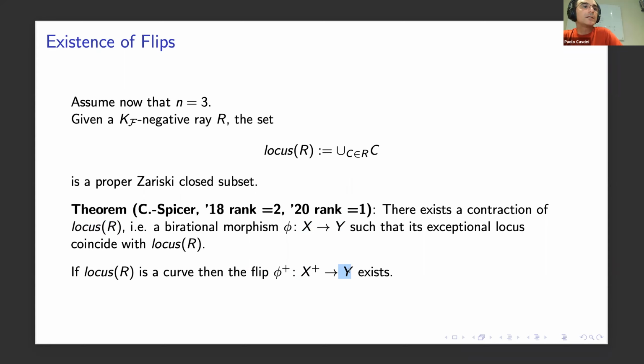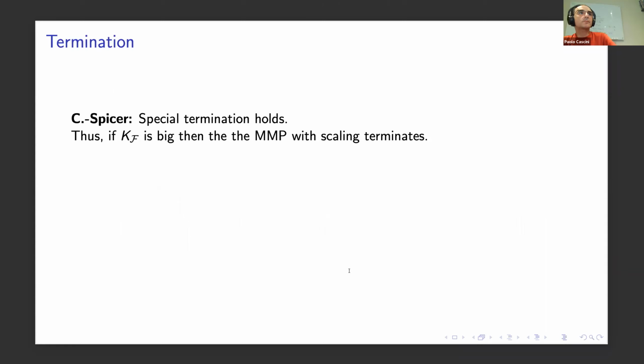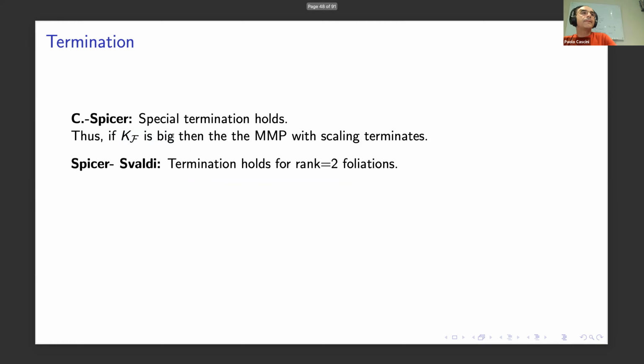Okay, so now the question is, how do we conclude? How do we get a minimal model from these steps? We need termination. With Spicer, we proved that special termination holds. So in particular, if F is of general type, if K_F is big, then the program terminates. This means that there exists a minimal model under this condition. Then Spicer and Svaldi proved that termination holds for rank equal to 2 foliations.